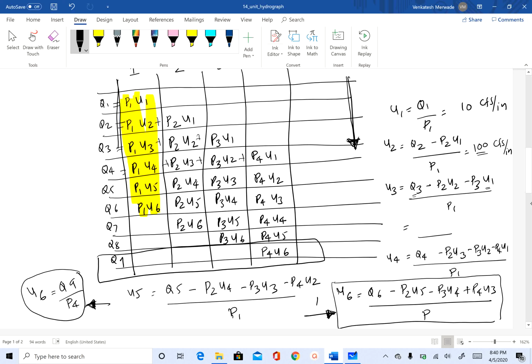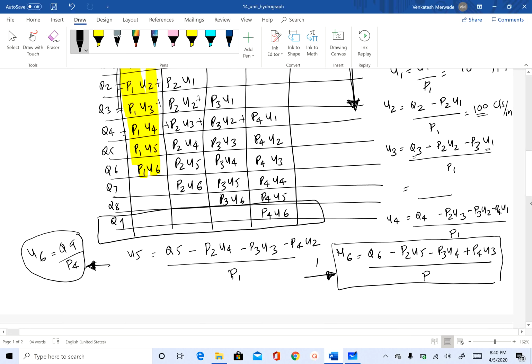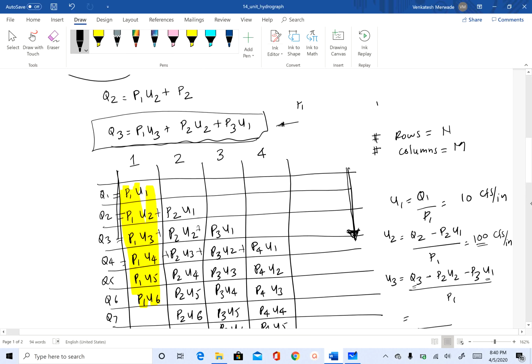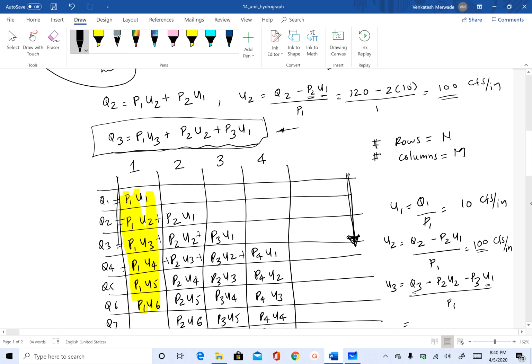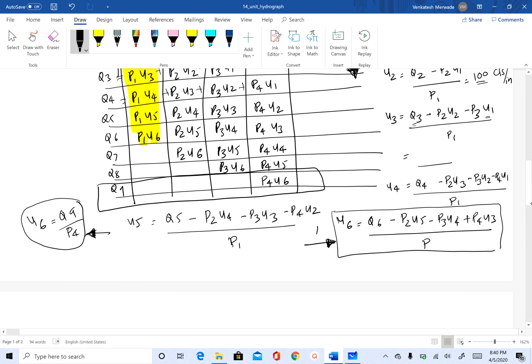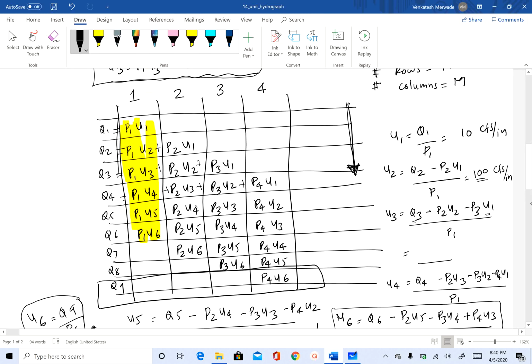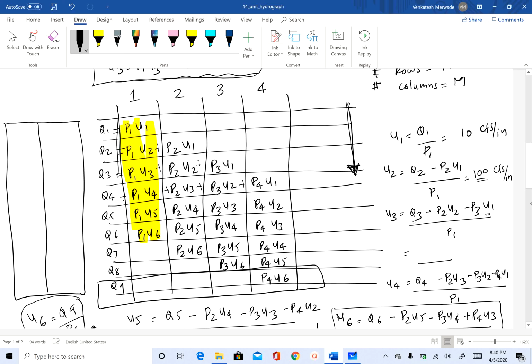Now I'm going to give you all the values, so your job is to make sure that I did not make any mistake. The reason I'm giving you these values is also to show that there is another disadvantage with this method. I will write the values for the unit hydrograph here, in CFS per inch.